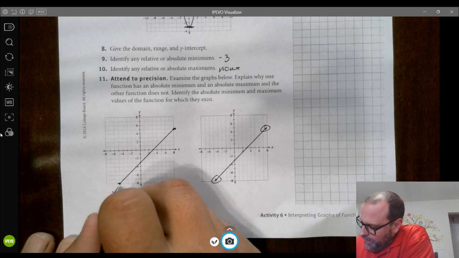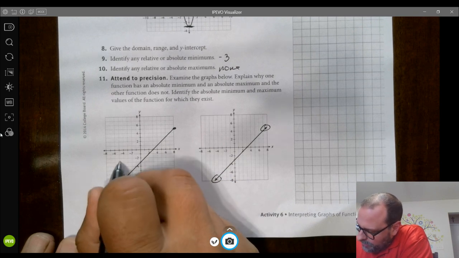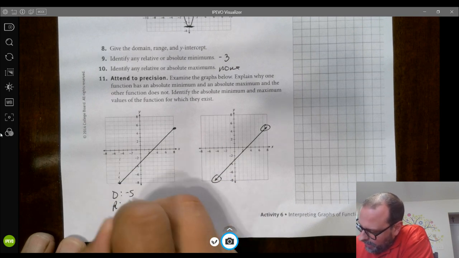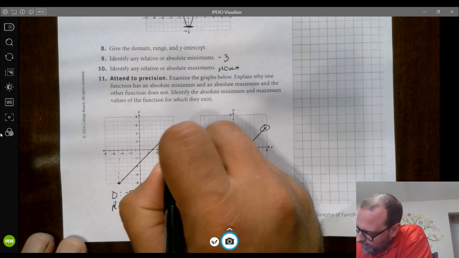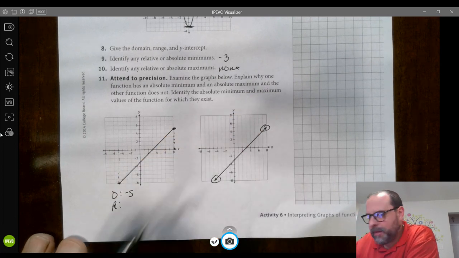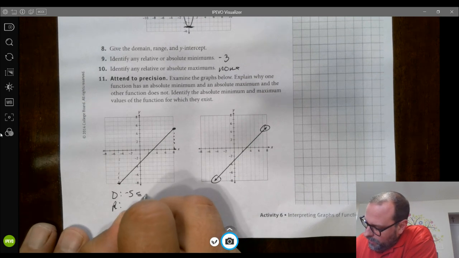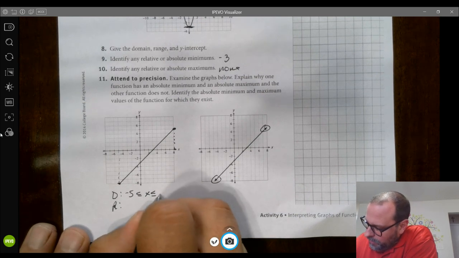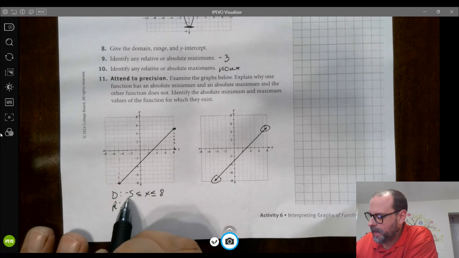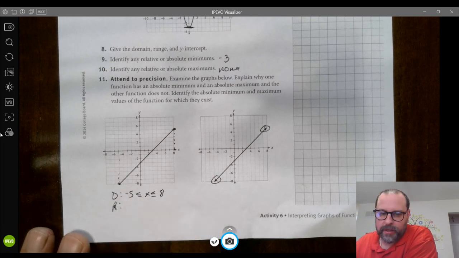Because the domain here actually does have a starting point at -5 and an ending point at 8. It doesn't keep on going forever up and down like this one. So this is where those inequalities come into play, where I have, all right, -5 is the low, 8 is the high. They're closed circles, so it's or equal to. So I'd have -5 is less than or equal to x is less than or equal to 8.